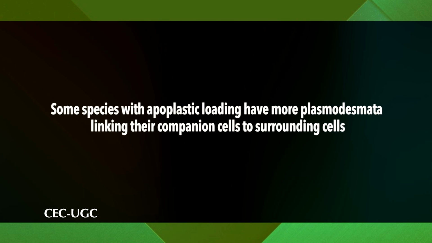For example, some species with apoplastic loading have more plasmodesmata linking their companion cells to surrounding cells. According to apoplastic theory, they should have only few plasmodesmata between companion cells and surrounding cells.